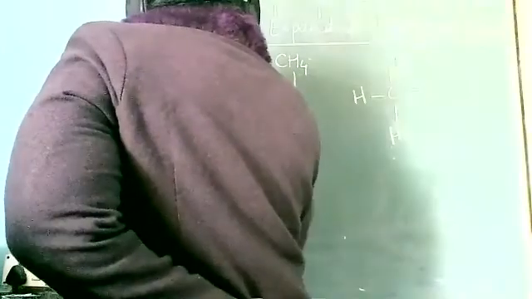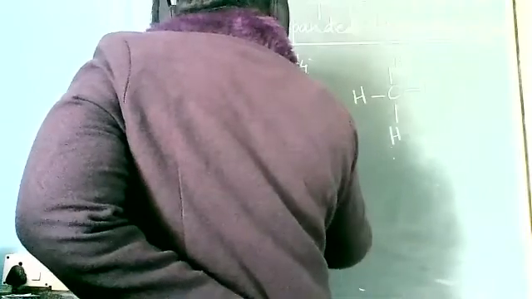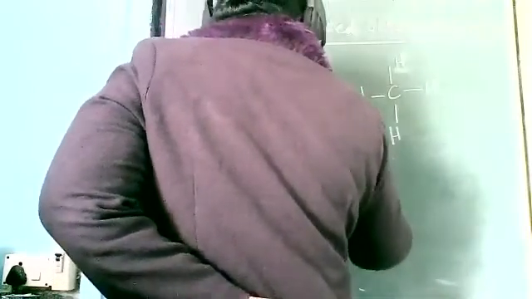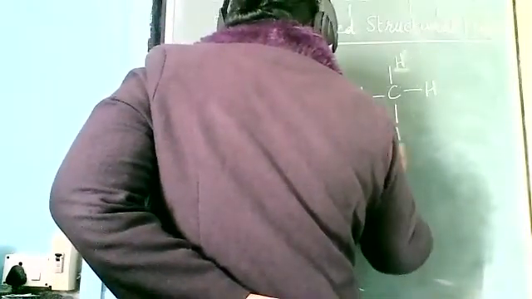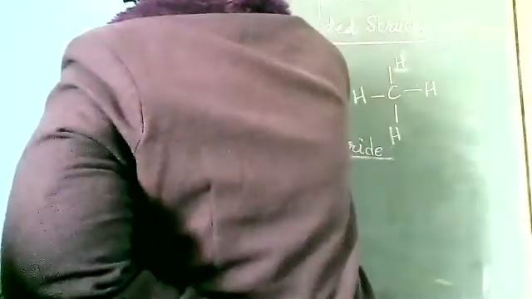Similarly, let us discuss carbon tetrachloride. Leave the space for writing the electron dot structure and then move to the next example, that is carbon tetrachloride. What is the formula? CCl4. For chlorine, what is the atomic number? 17.